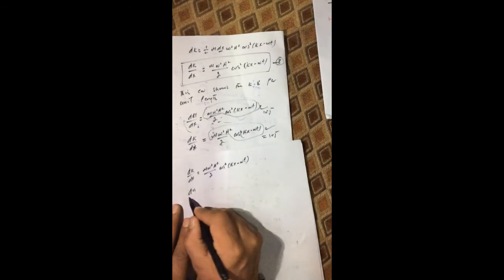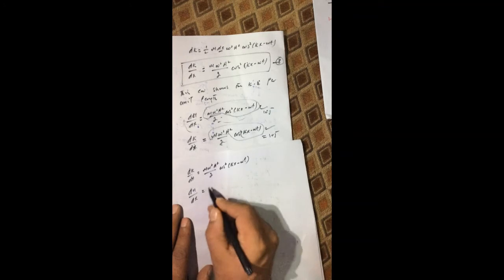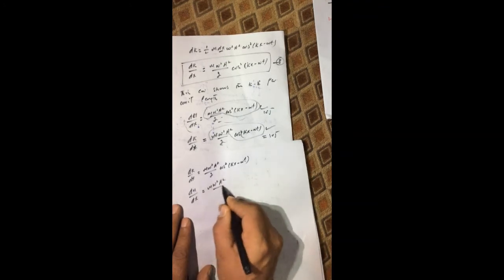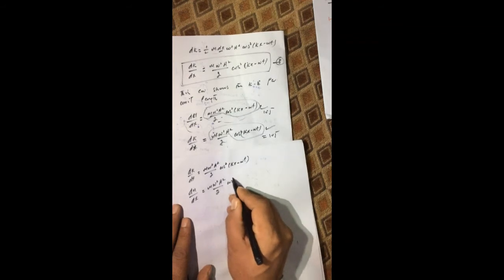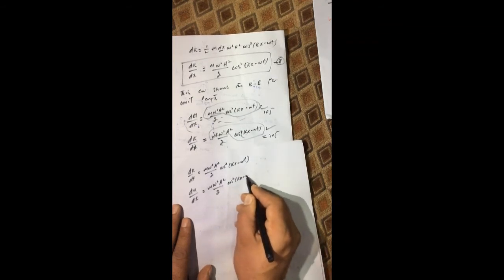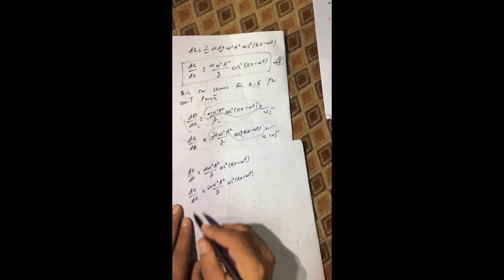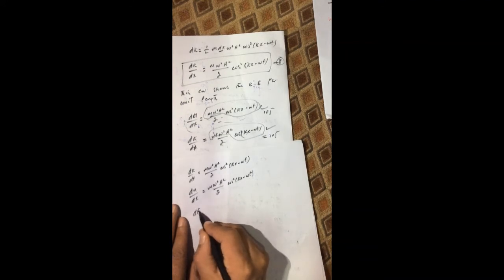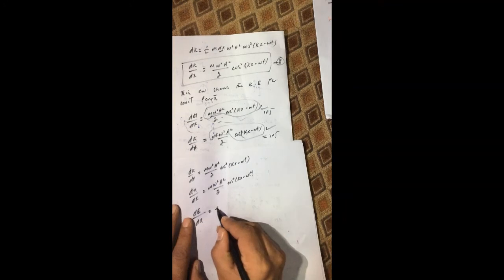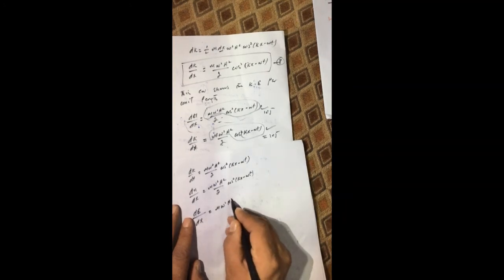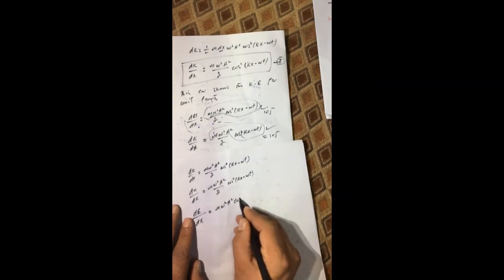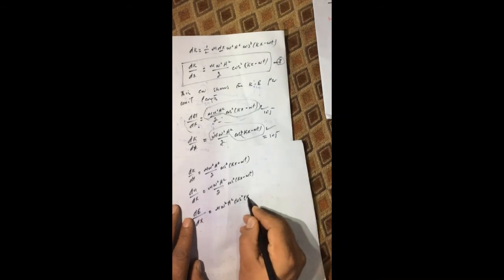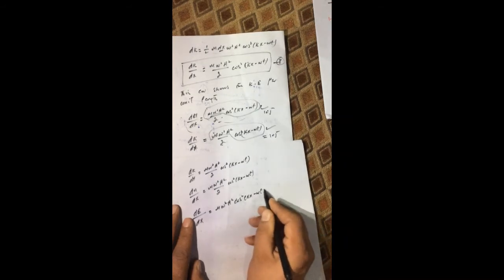This is for the kinetic energy. Similarly, for potential energy, dU over dx is equal to mu omega square a square over 2 into cos square (kx minus omega t). This is for the potential energy, and the total energy per unit length is mu omega square a square into cos square (kx minus omega t).